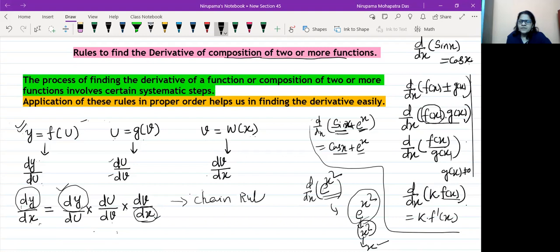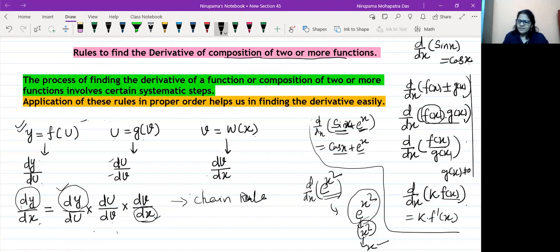So apart from this technical thing, what do we really have to see? We have to identify the direct link. Okay, this is, you can say, the crux of the whole topic. Whenever you differentiate, first of all, you have to see the direct link.